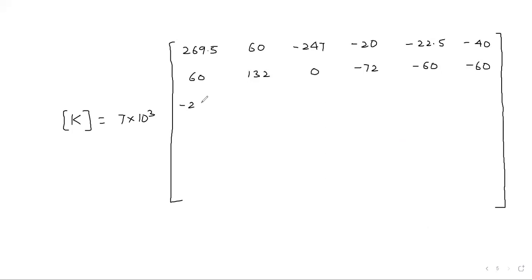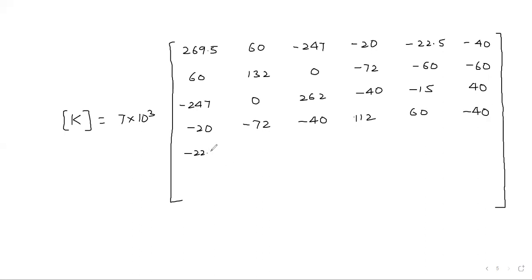Next, minus 247, 0, 262, minus 40, minus 15, 40, then minus 20, minus 72, minus 40, 112, 60, minus 40, minus 22.5, minus 60, minus 15, 60, 37.5, 0, minus 40, and then minus 60, 40, and 100.